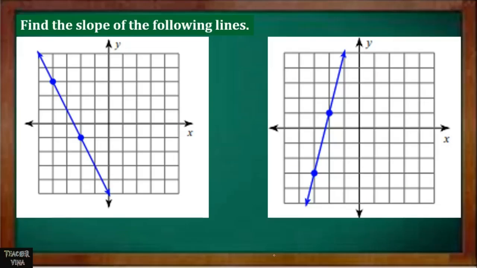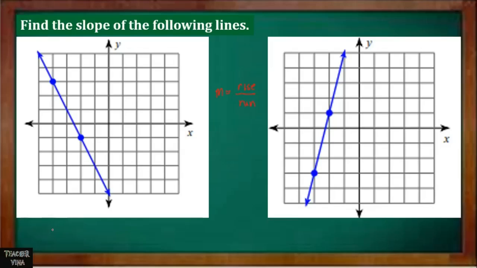Now, let's try to answer the following. Find the slope of the following lines given the graph of the line. So, dito, pinigyan na tayo ng mga points. Ng 2 points. Okay. Now, we will use the formula for the slope, rise over run.